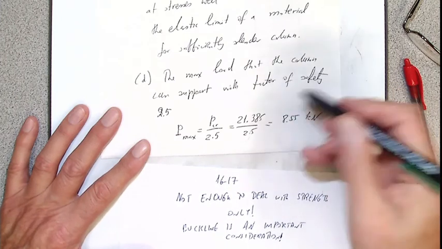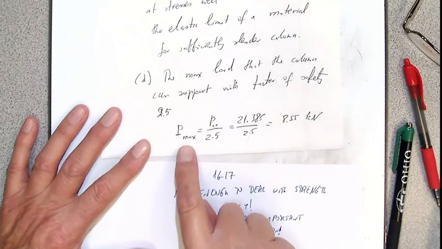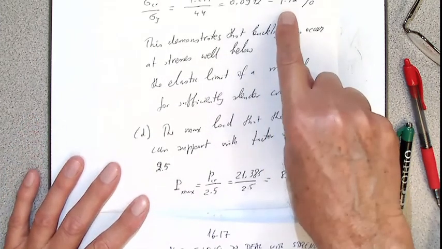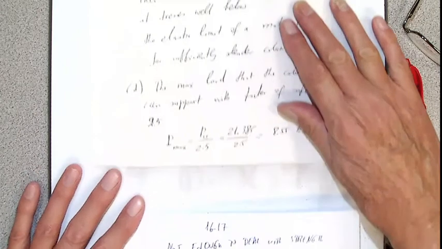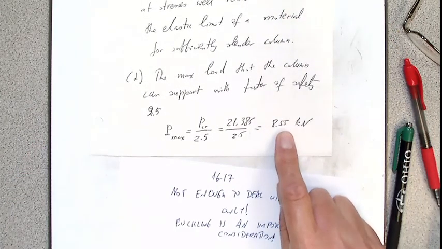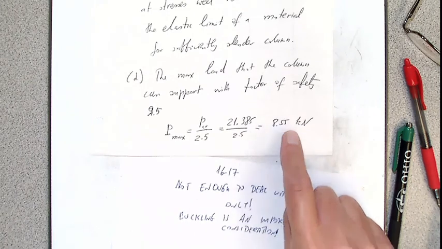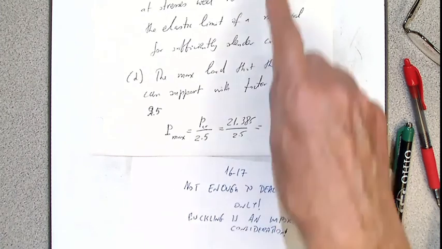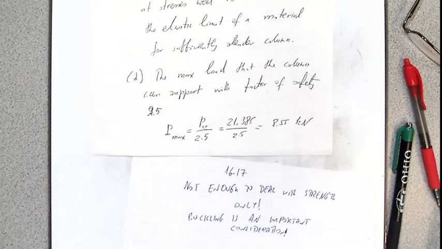If we did not consider buckling, this is approximately 9.72%, we would have said P maximum can be 85 kilonewtons. Approximately 10 times more, because this is 9.72%, which is about 1/10.